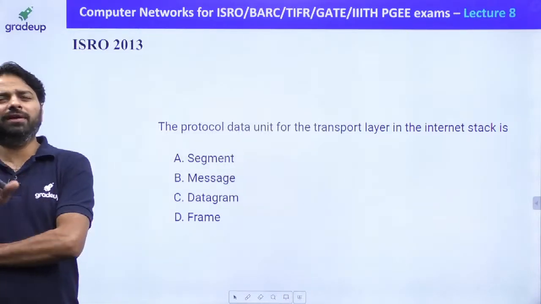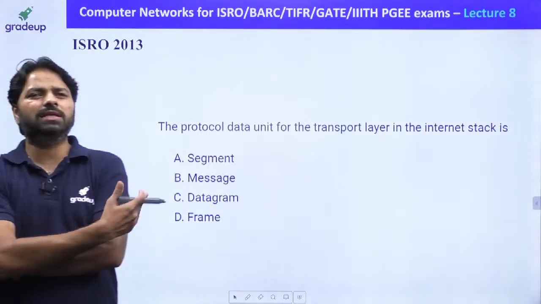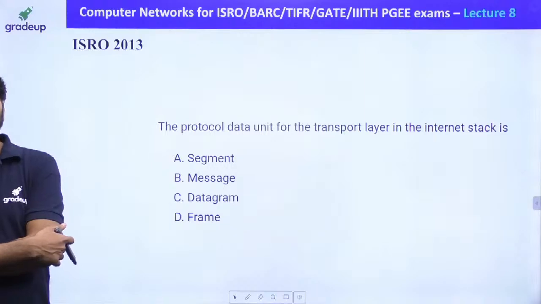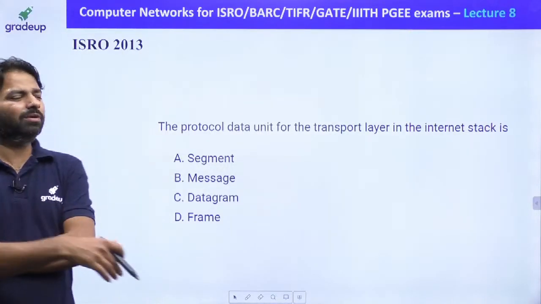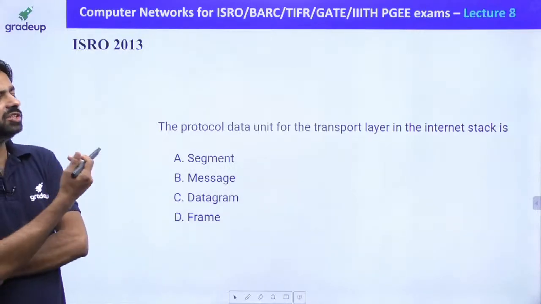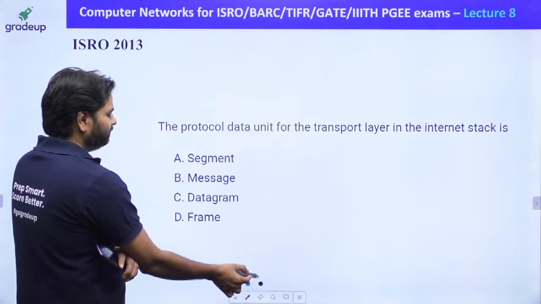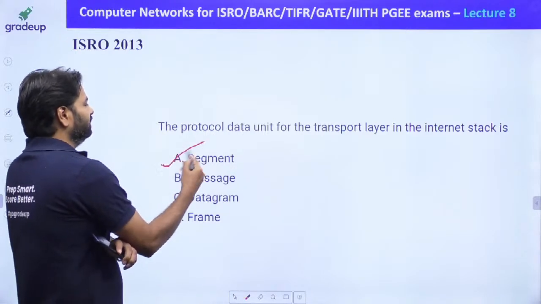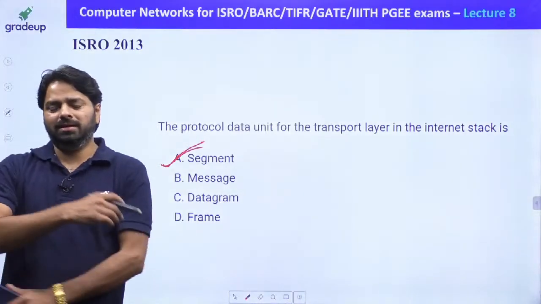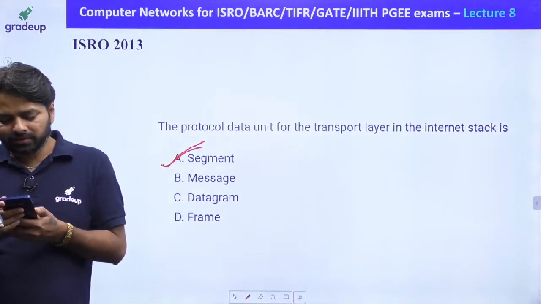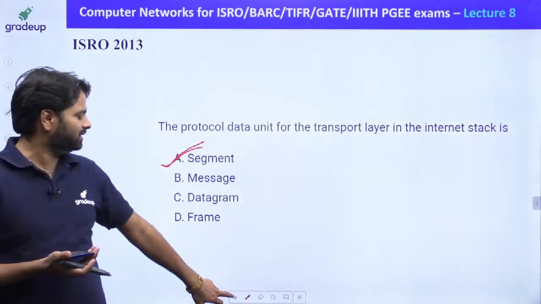If you know all of them, you can easily choose directly what corresponds to transport layer. When you study all the layers in network, the first chapter itself talks about what the data unit is. Yes, segment. Yeah, segment. Good, good. That means you have an idea of all the layers, guys.